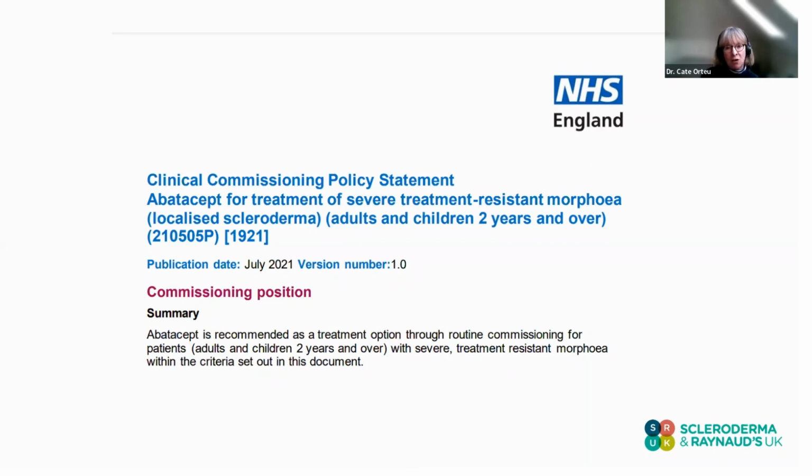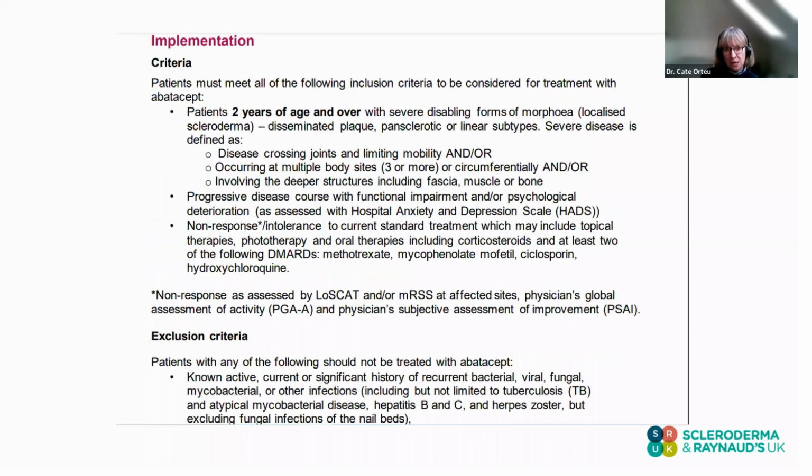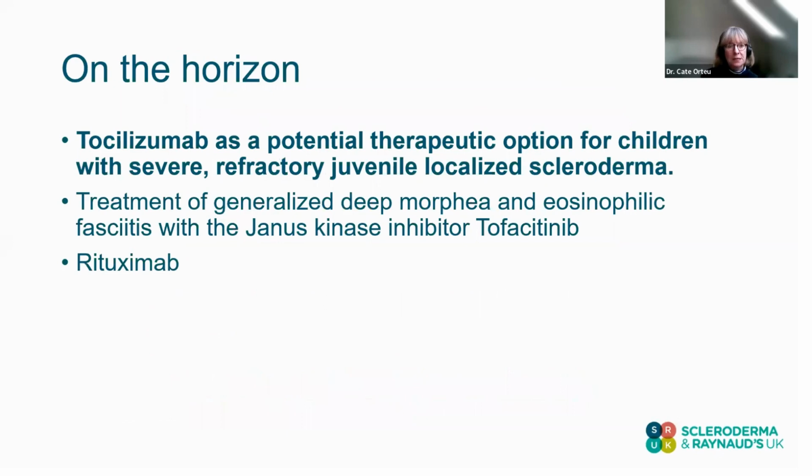So that's our go-to in really severe disease and in patients who haven't responded to previous treatments. It's really for disease crossing joints, limiting mobility, multiple body sites and deeper structures, and people who have significant functional impairment or who haven't tolerated or responded to previous drugs.